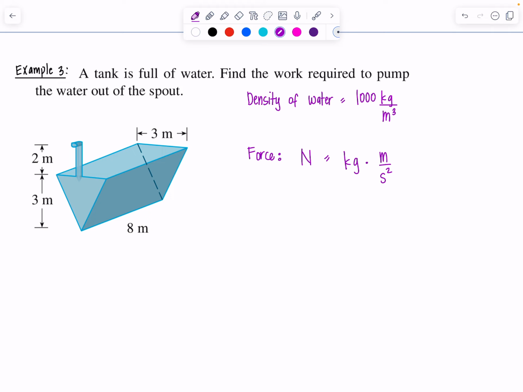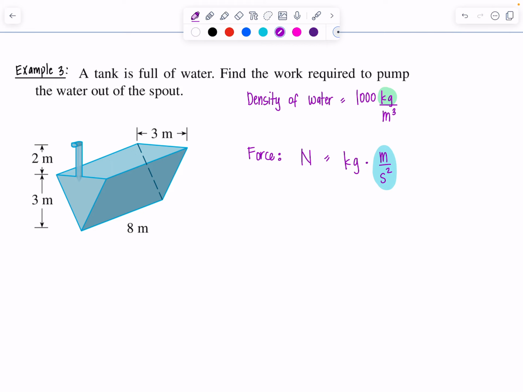Okay, and then in order to introduce meters per second squared into the problem, we have an extra step, because when we were given force in the previous problem, it was pounds, right? And already everything was set up so that it was in terms of pounds. Here we're going to have to take a little detour through the land of kilograms of mass and then get to force.